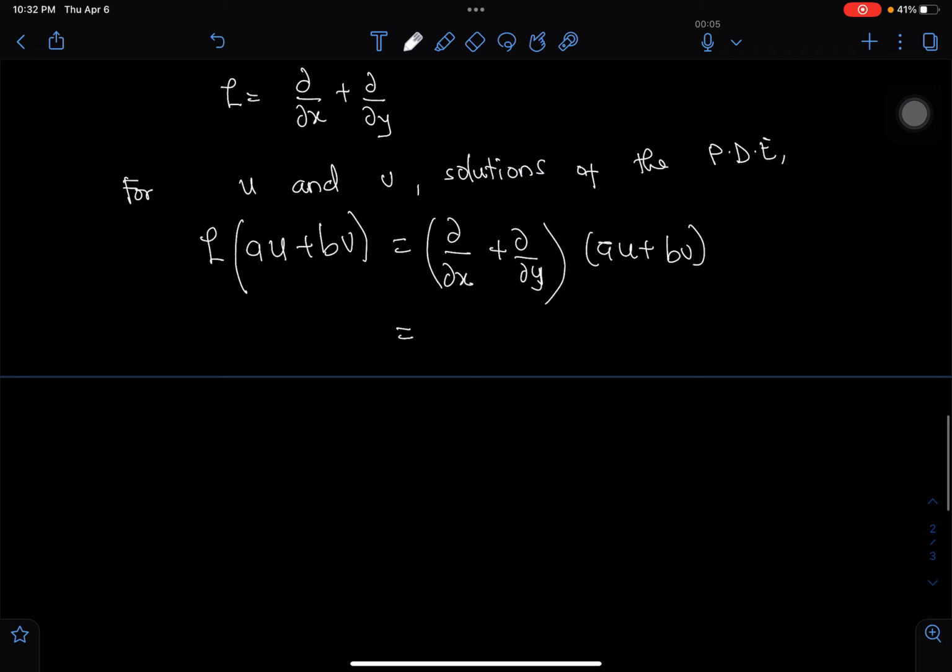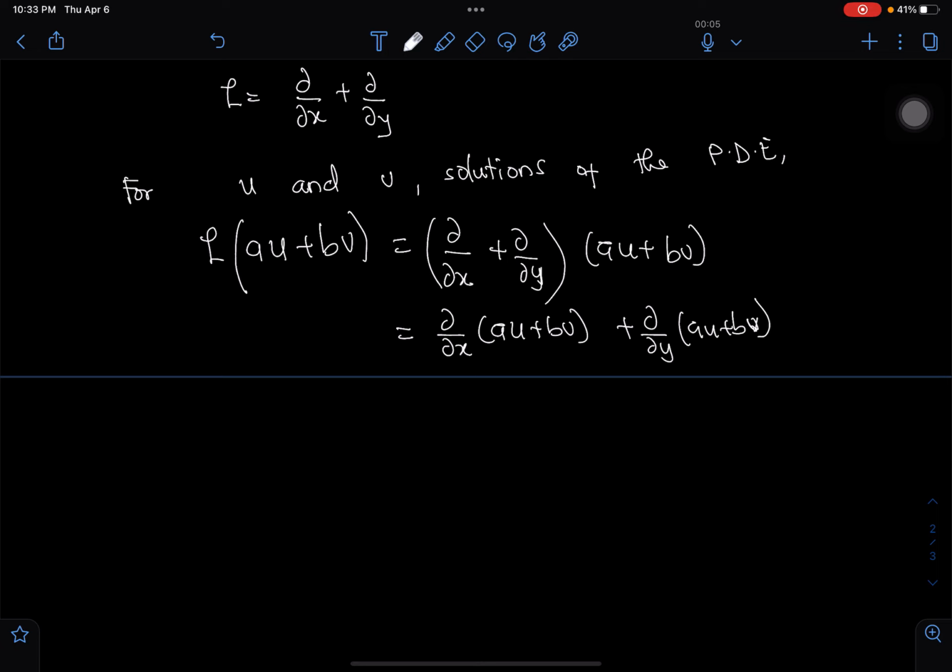If you expand, open the brackets, you're going to have del x of a u plus b v plus del y of a u plus b v.